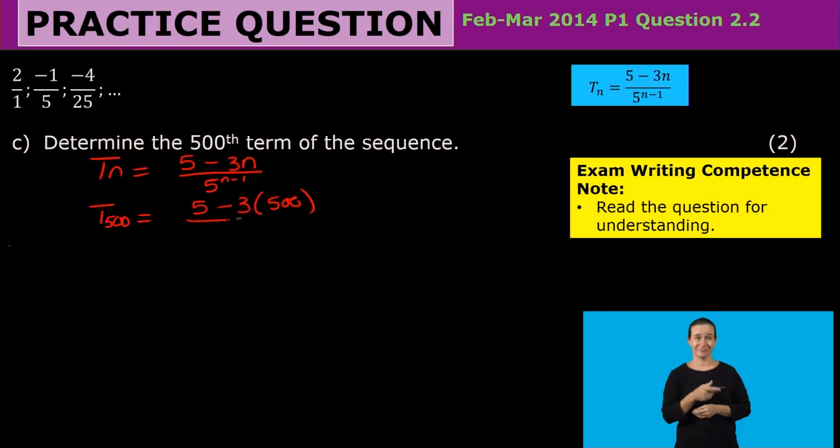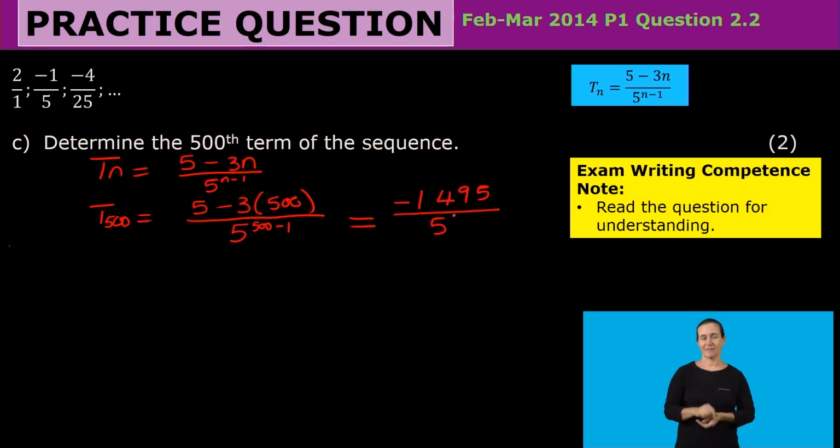That is going to be 5 minus 3 multiplied by 500, and of course we are going to have a 5 exponent 500 minus 1. And what answer are we going to have here? Well, as the numerator, we are going to have a negative 1,495. And as the denominator, you can write it as 5 exponent 499, because we know that it is going to be a very big number, but we can leave it in that state.